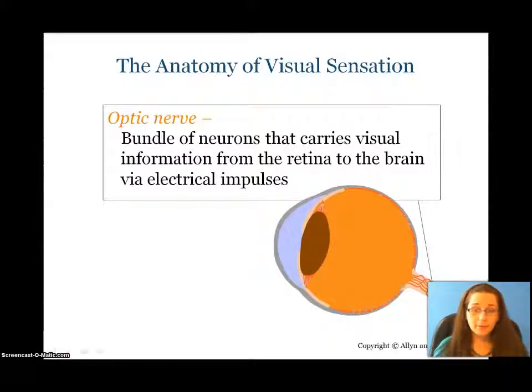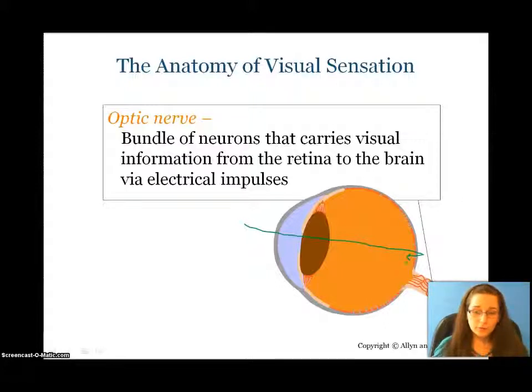Now, as the information in our brain and our eye is processing, the light comes in, hits the retina in the back, and goes through the photoreceptors and a few other cells that are in the retina. Once that information is processed, it goes from the front of the eye to the back of the retina, and then it bounces forward in the retina.